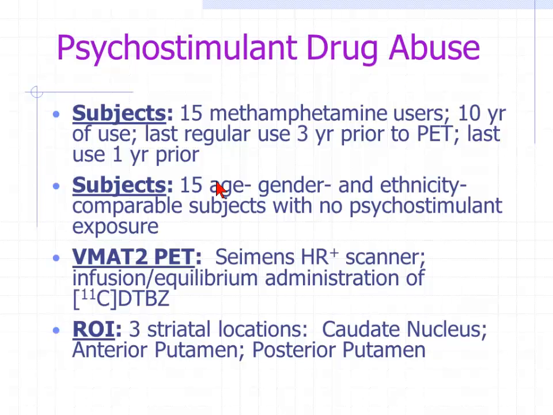We looked for evidence of the same sort of change in humans who had been abusing methamphetamine, and for this we went to San Francisco, where there was a population of psychostimulant abusers who were well known.